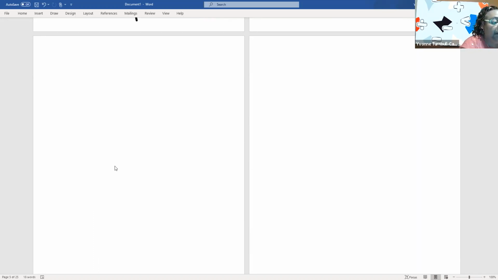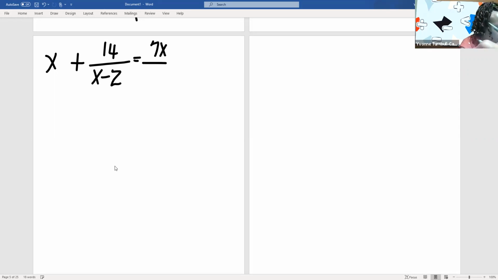All right, we have x plus 14 over x minus 2 equals 7x over x minus 2 plus 1. The good thing about it is it already has the LCD, so you don't have to do too much work.